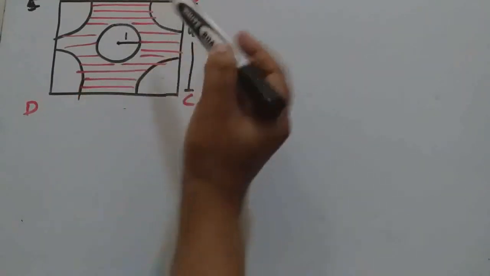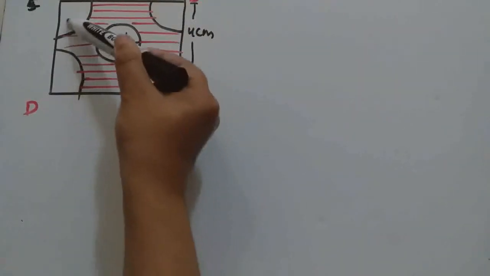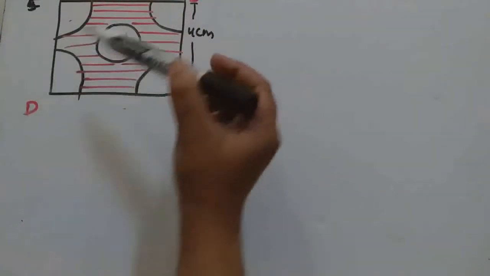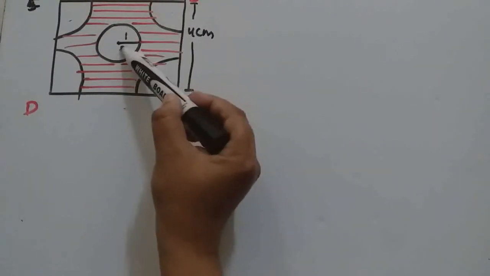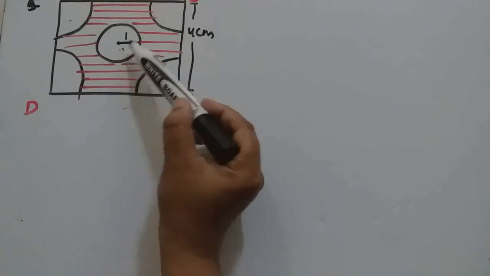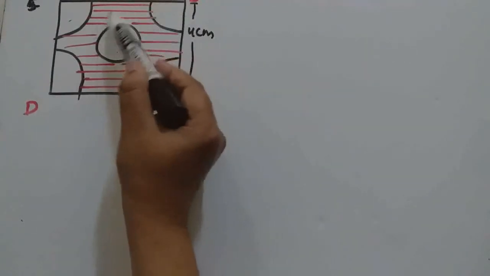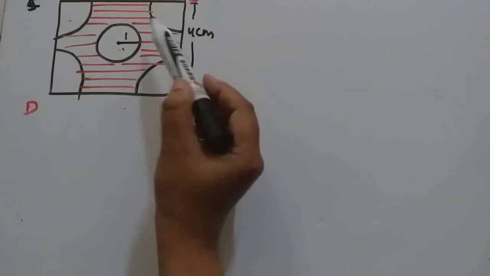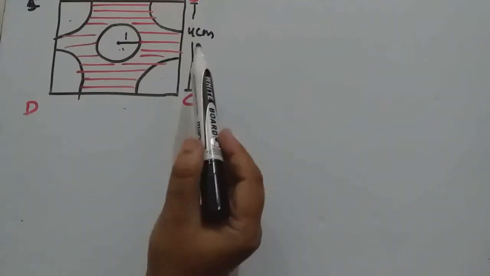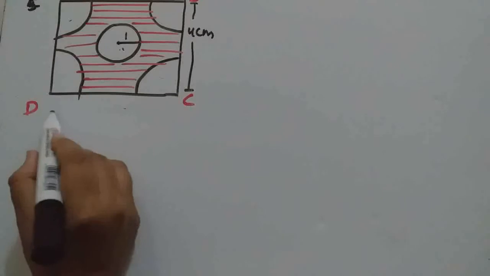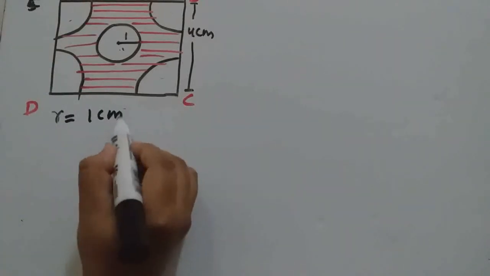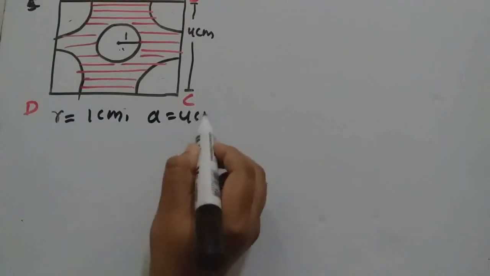So if you observe, 4 quadrants will make one circle and this is also another one circle, and for both these radius is same. That means what we are doing, we can find the shaded area by subtracting area of 2 circles from the area of a square. Okay, so write R is equal to 1 centimeter, A is 4 centimeter.